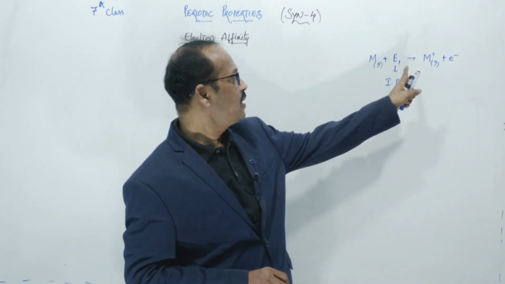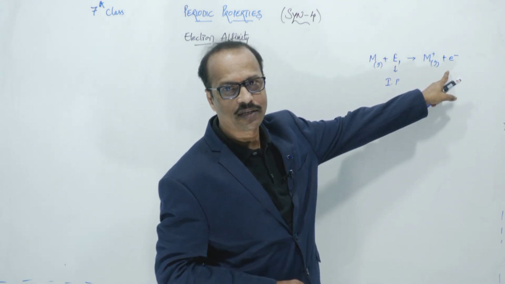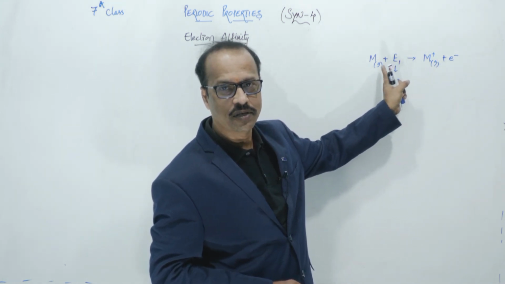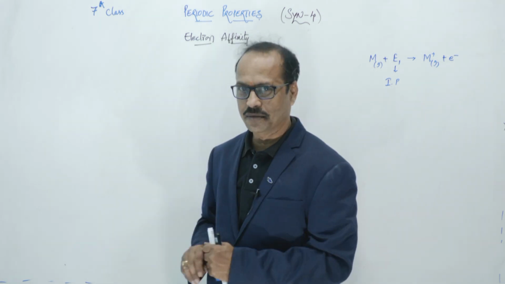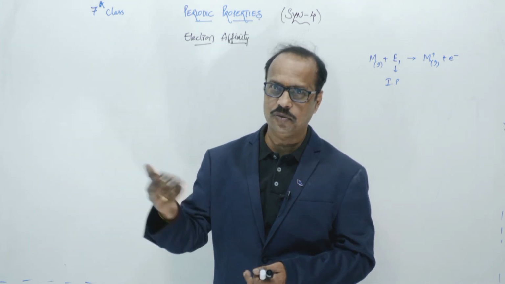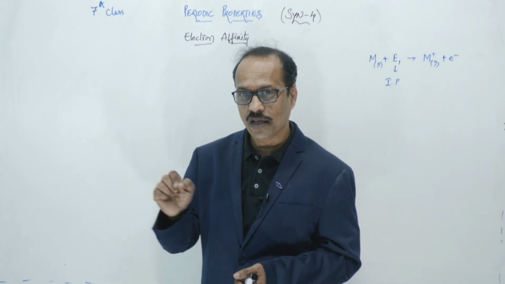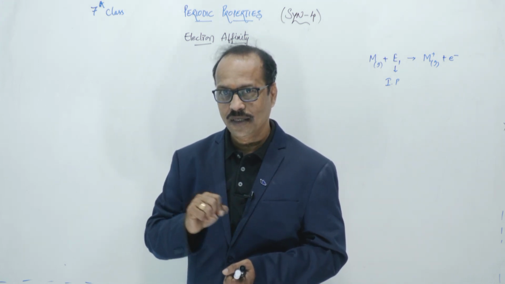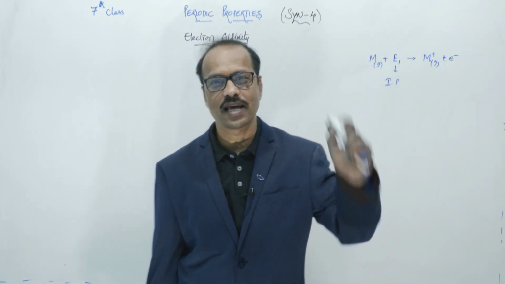In the first case, you provide the energy so that it gives the electron. In the reverse case, if you give the electron, then the atom should lose energy. That is electron affinity.